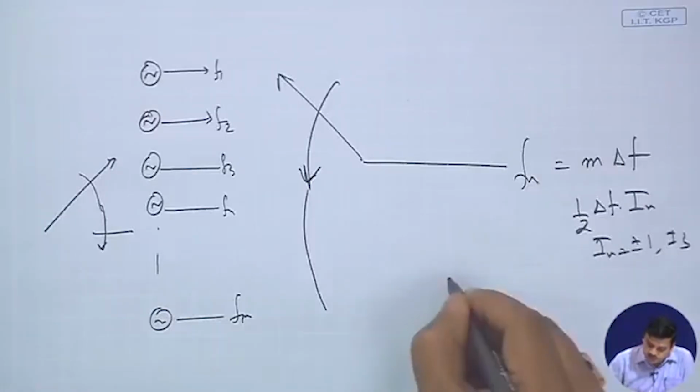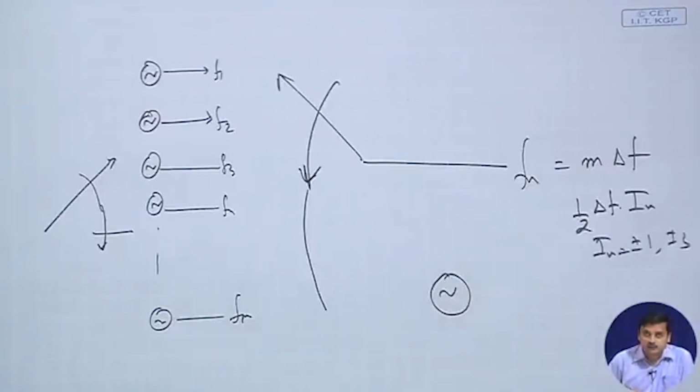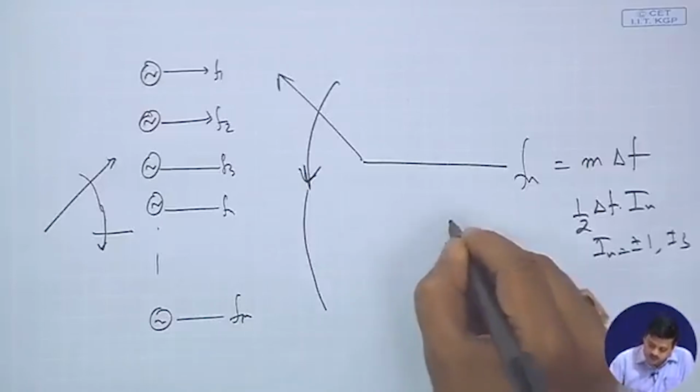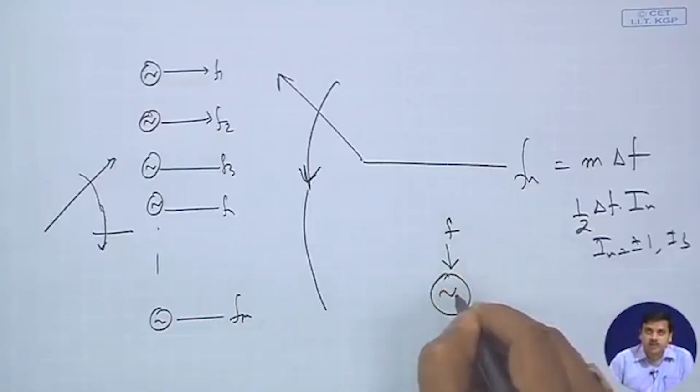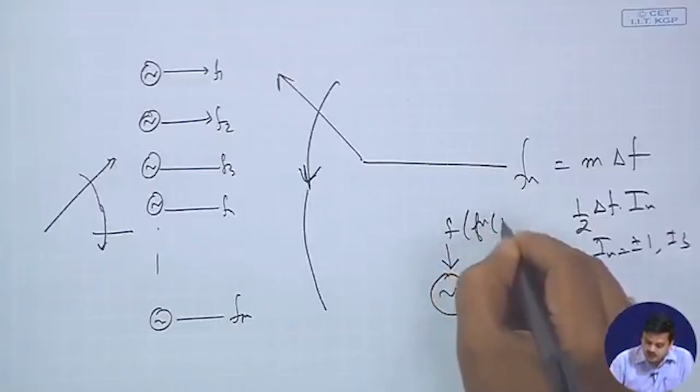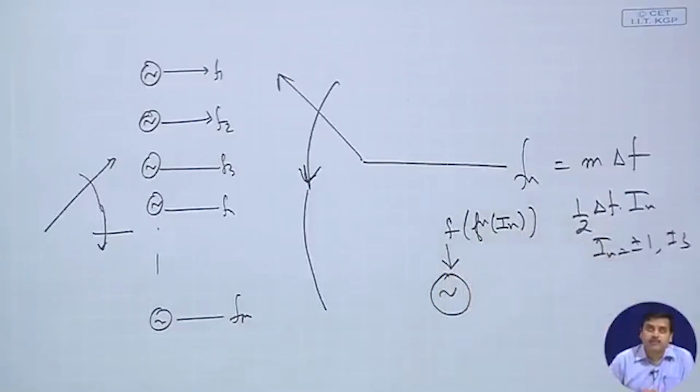What you do is you have one single oscillator where you modulate the frequency of this particular oscillator as some function of the original message sequence.